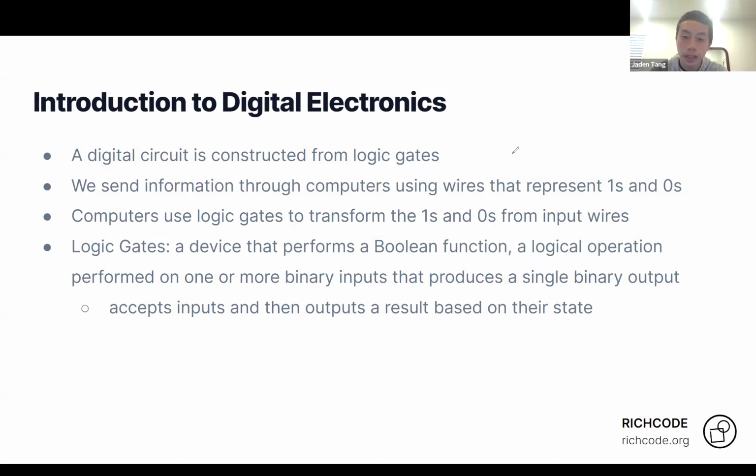A logic gate is basically a device that performs a Boolean function, which is a logical operation performed on some inputs that produces a single output. Basically, you accept inputs and then output a result based on their state.